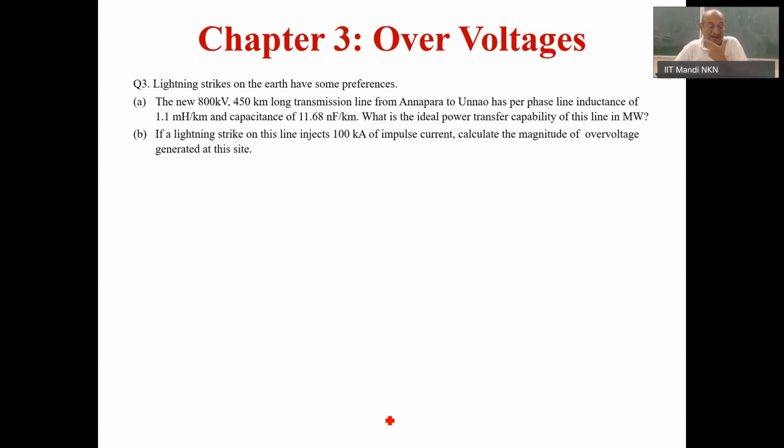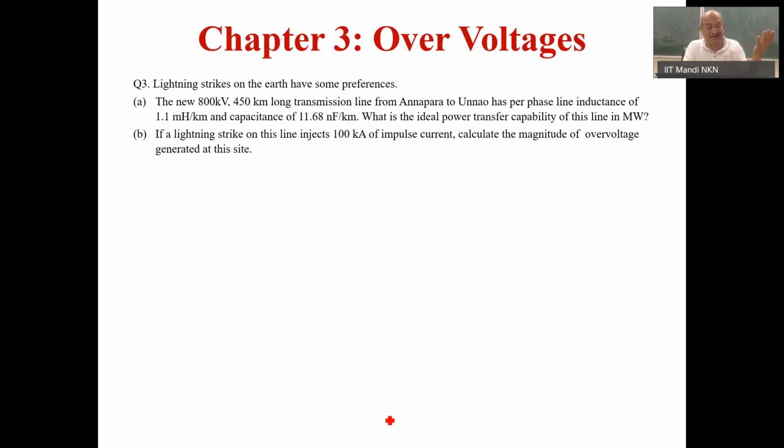Yeah, I just mentioned that lightning always strikes on metal, right? That is the least resistance path towards the ground, and the transmission line conductors are most vulnerable, being sharp, tall conductors it would like to strike upon.